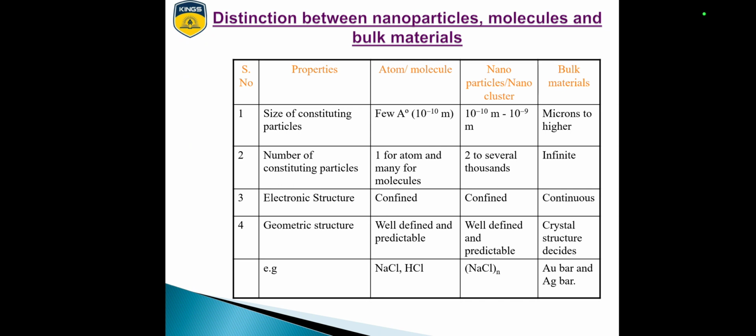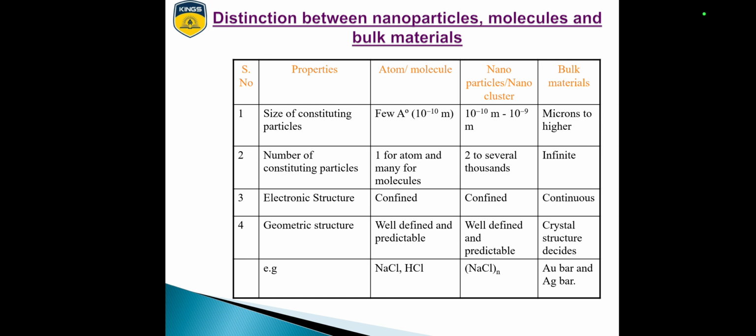We already discussed what is meant by nanoparticle, molecule, and bulk materials. This table gives a clear idea about the differences between them. First, the property of size.